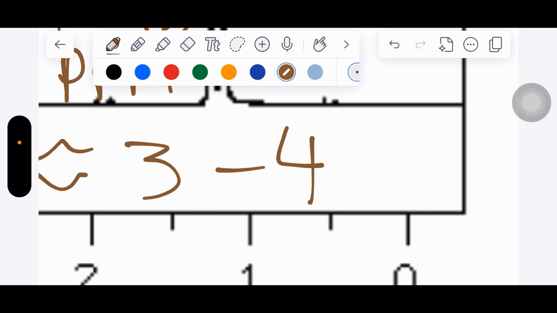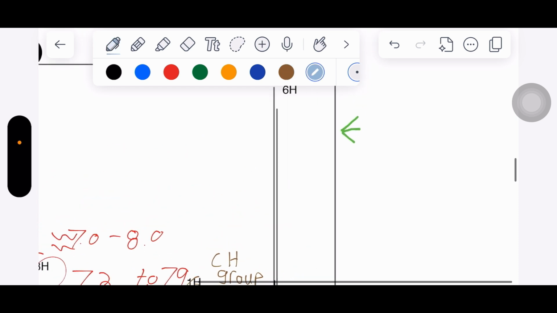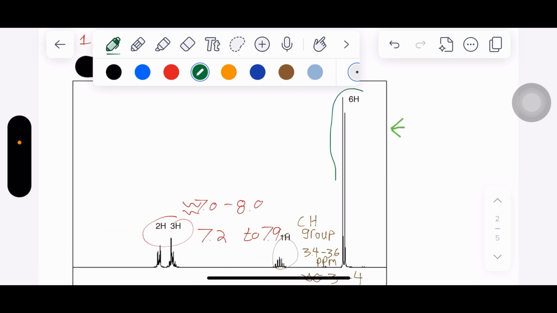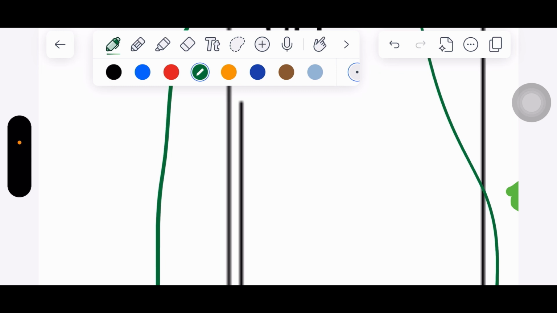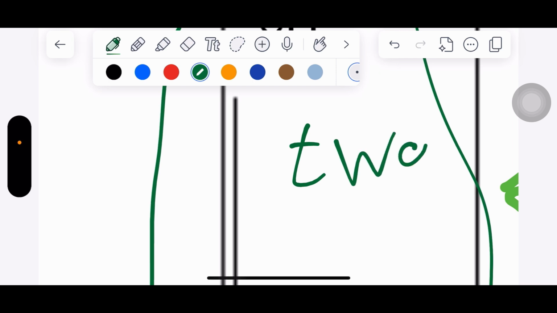Also, we expect the methyl protons, CH3, 6H, which would be, let me change colors here again, this whole big one right here. For this one, the 2 equivalent methyl groups attached to the methine carbon produce a doublet around 1.1, integrating to 6 protons.